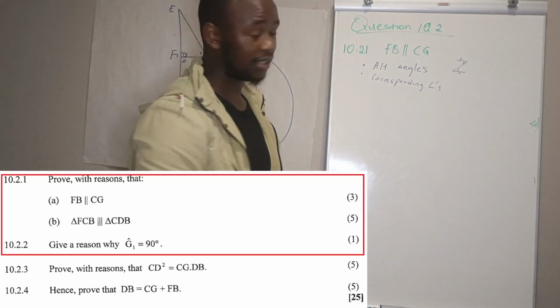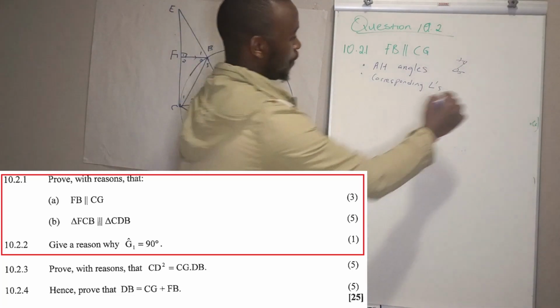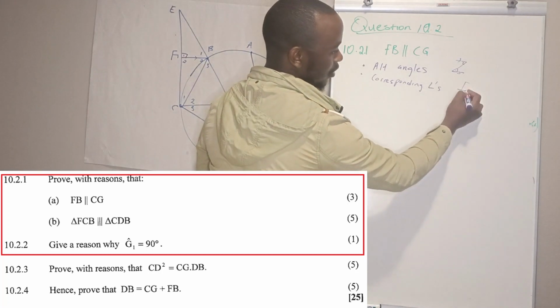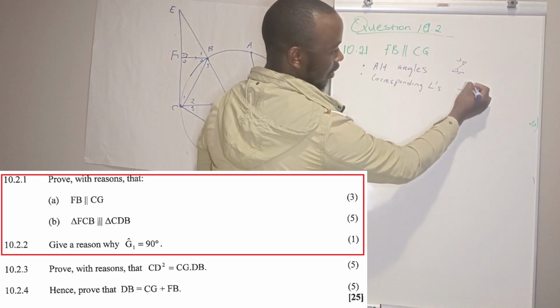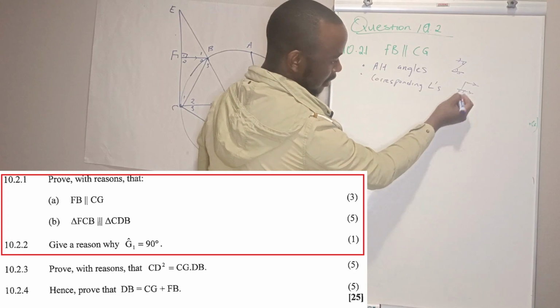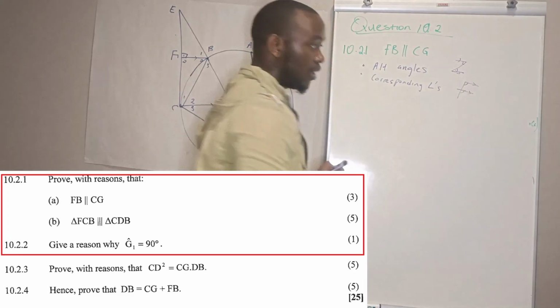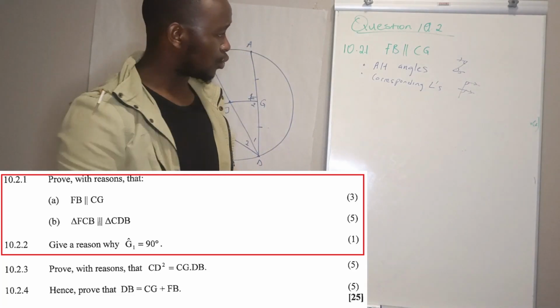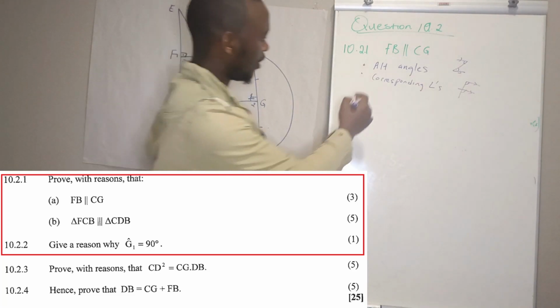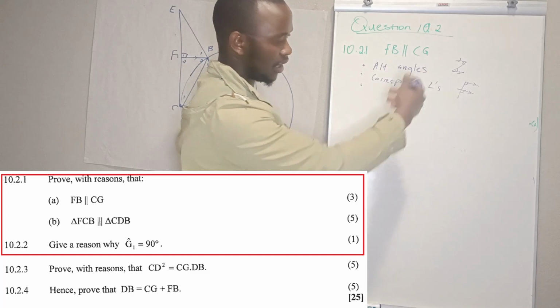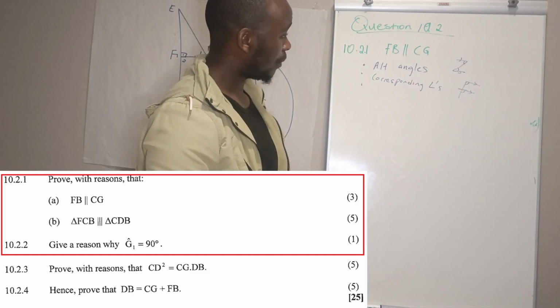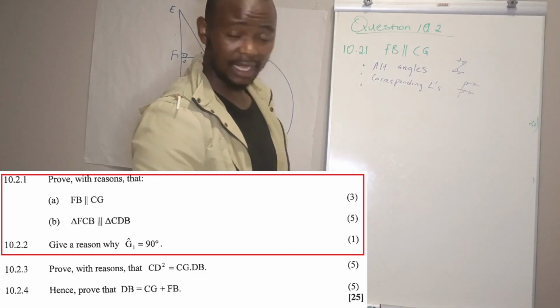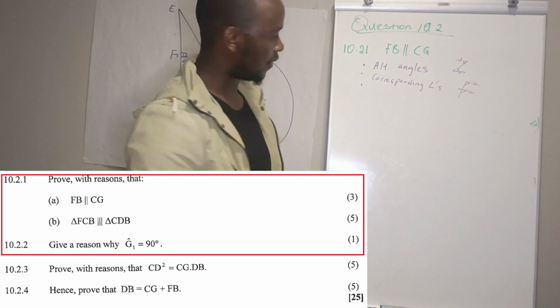For corresponding angles, I consider it as an F. So we have this line parallel to this one such that this angle is equal to that, and we call that corresponding angles. The last one, I called opposite angles, where parallel lines give supplementary angles.